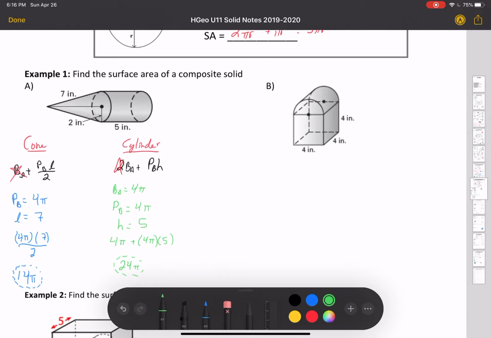So to find the area of this composite figure, I'm going to take 14 pi plus 24 pi. So the surface area is going to be 38 pi inches squared, or that's going to be 119.381 inches squared. So that's for that first one.